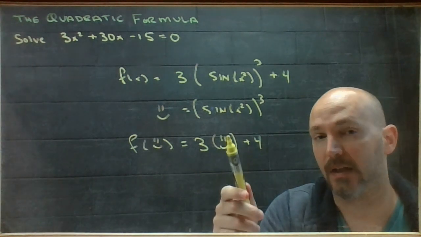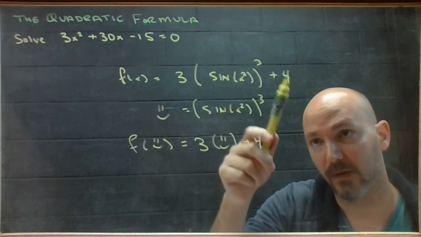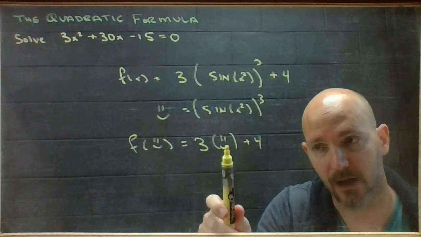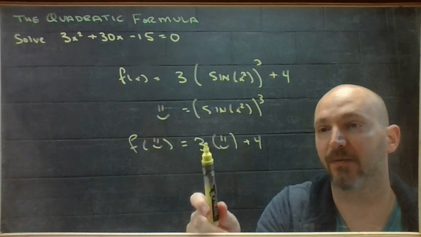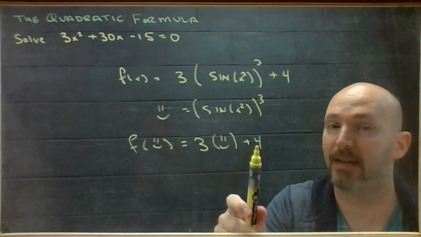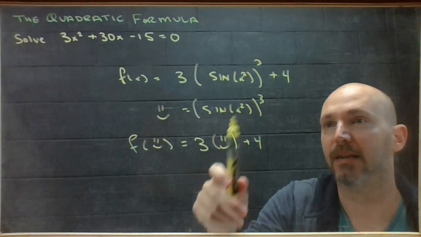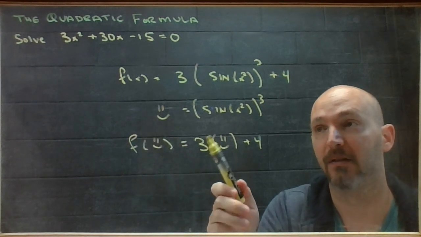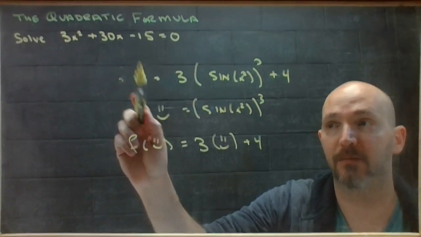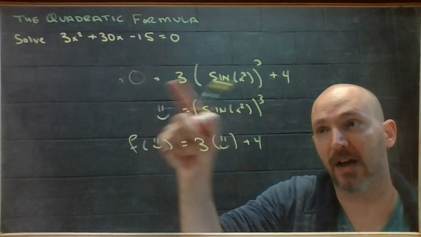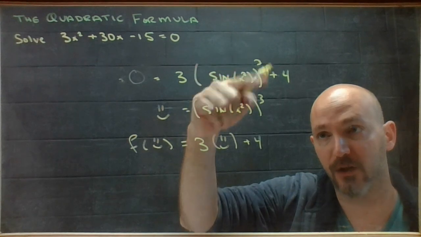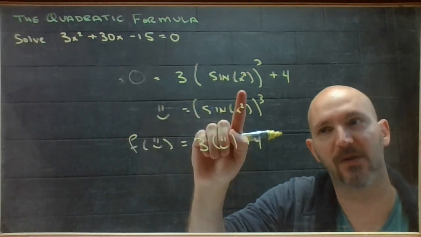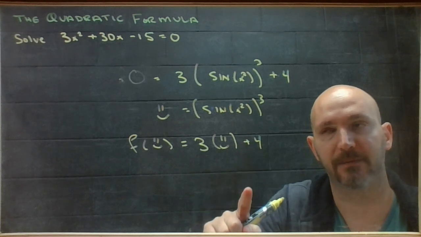If you can make a replacement to turn something really complicated into an object with a single multiplication factor or division factor, and then a plus or minus factor, then you are able to use linear algebra to solve this. Right? You just put in a number, put in your 0, subtract 4, divide by 3, cube root, arc sine, square root. There's only one operation to do at a time.